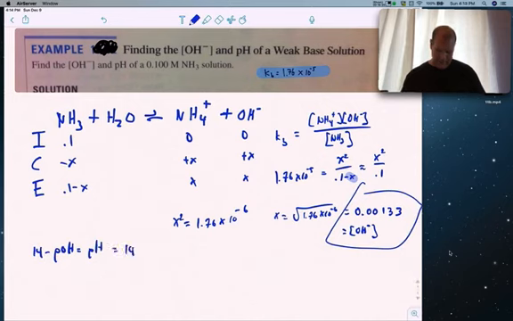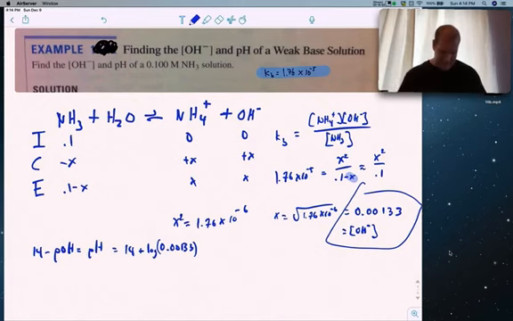So 14 plus the log of 0.00133. So pOH is minus log, so minus a minus log is plus. So 14 plus log of the answer.